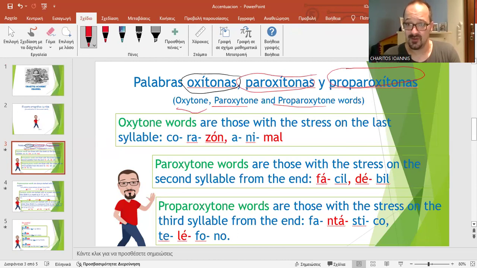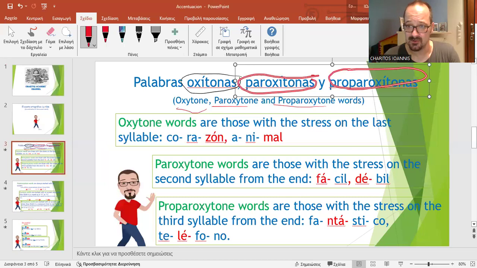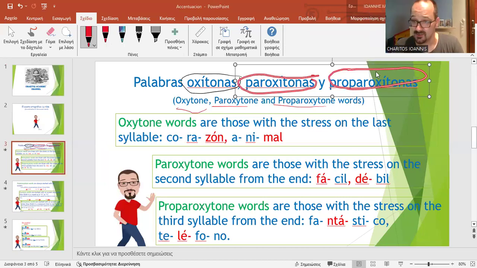I don't know if you are familiar with these terms in English, but we're going to explain in any case, just to inform you that these are words that come straight from Greek: oxítonos, paroxítonos, proparoxítonos, right?